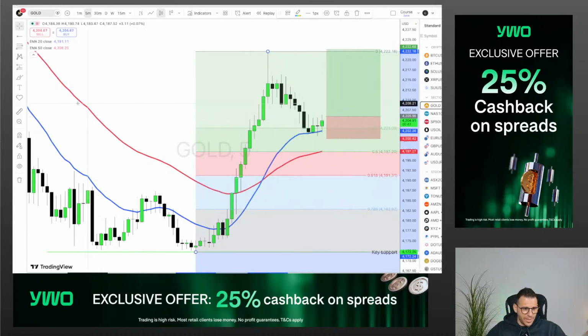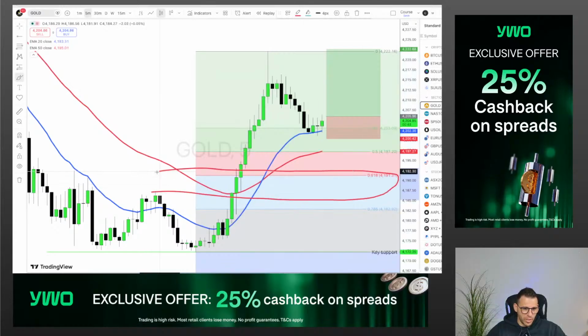For me, a better entry will be somewhere here, because there are a couple of confluences. This high, that is the broken market structure here, followed that impulsive to the upside, and 61.8% Fibonacci retracement. So this can be a good one.